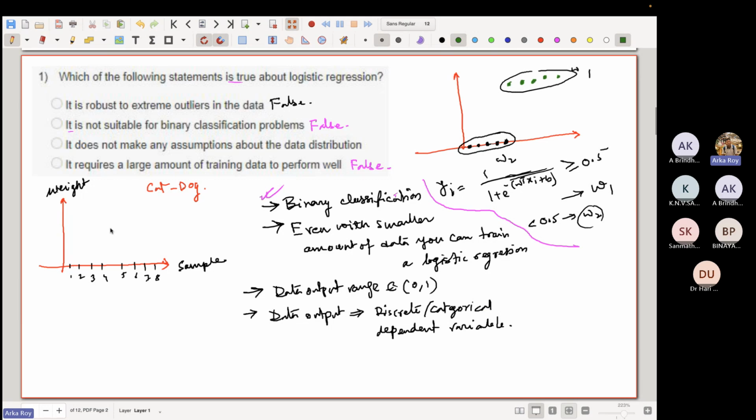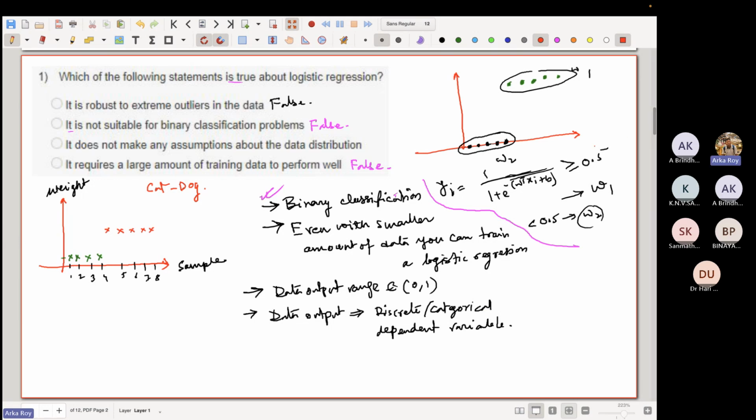From the cat class, let's say 1, 2, 3, 4, you have calculated the weight. The weight is ranging in this particular level, whereas from the dog class, if you have calculated the weights, they are ranging in this particular region.